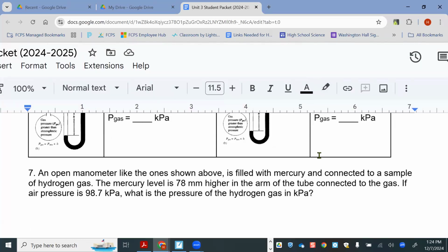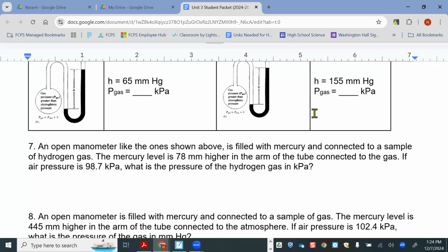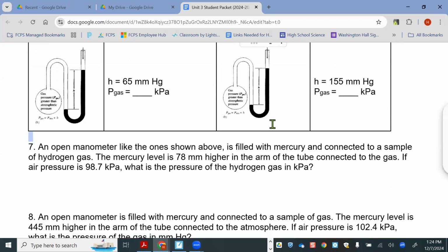So this is an example. These are two of the same type of problems where if you look at the two you're looking at, the gas is pushing more than the atmosphere.